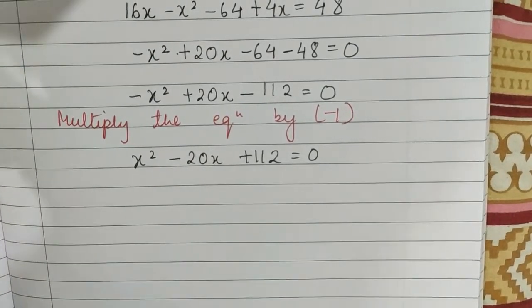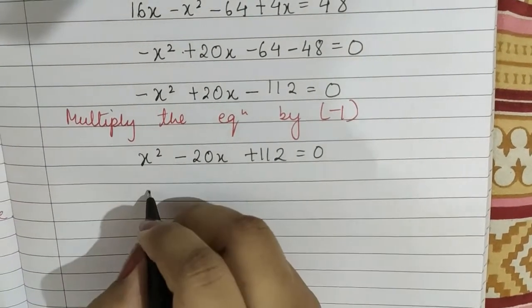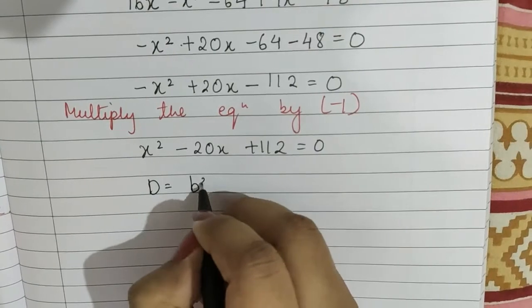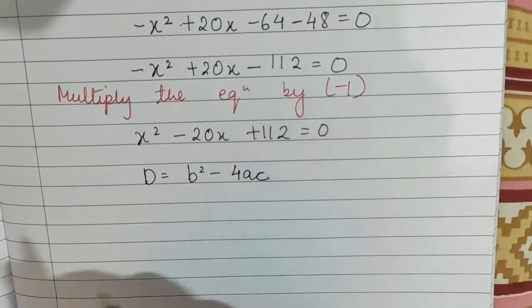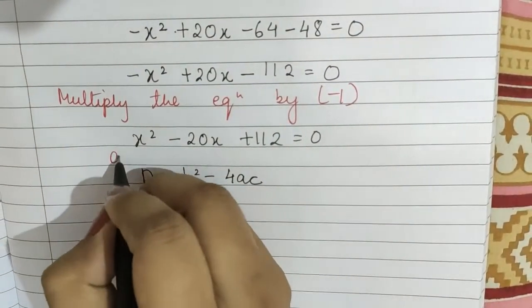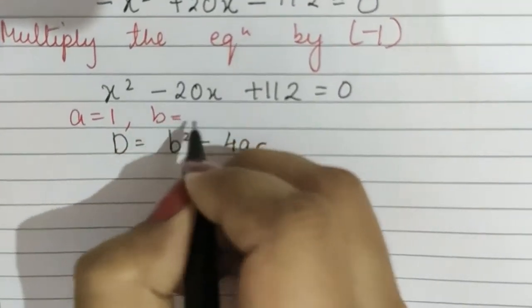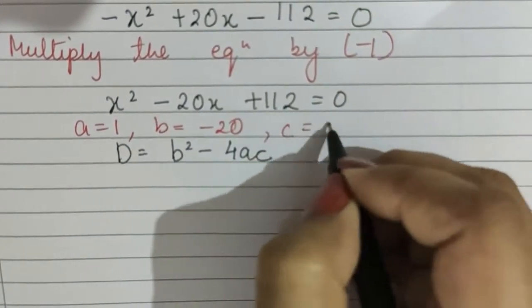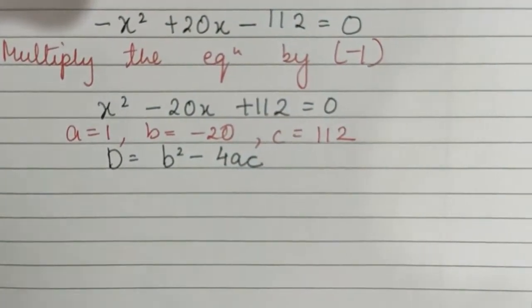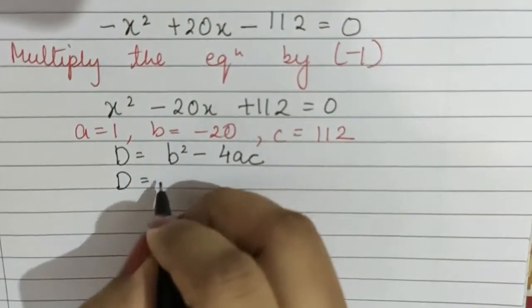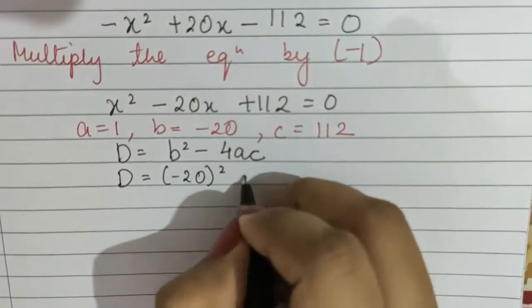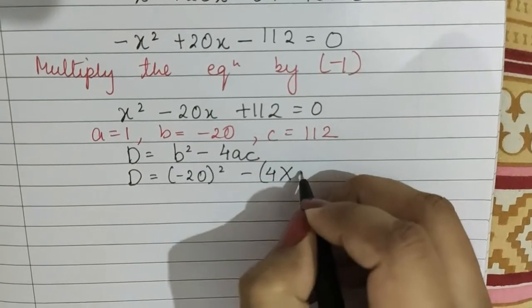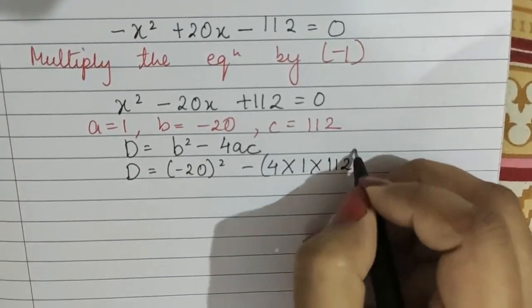We do that with the help of the discriminant, that is D equals b square minus 4ac. Now a equals 1, b is minus 20 and c is 112. Let us put it in the formula. D equals minus 20 whole square minus 4 into 1 into 112.